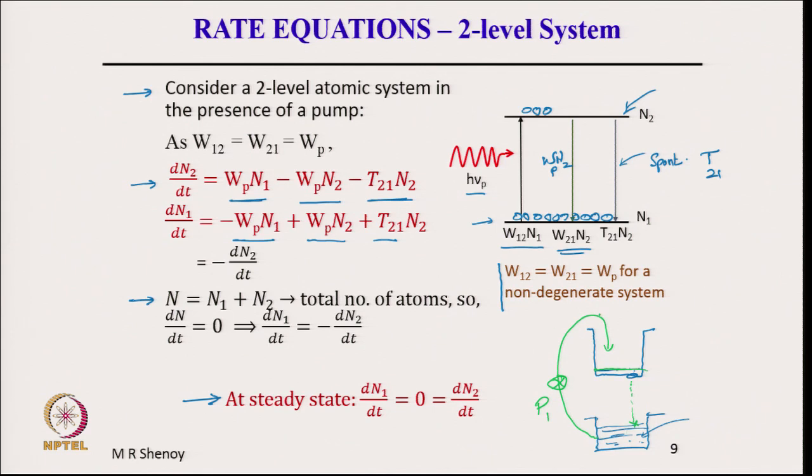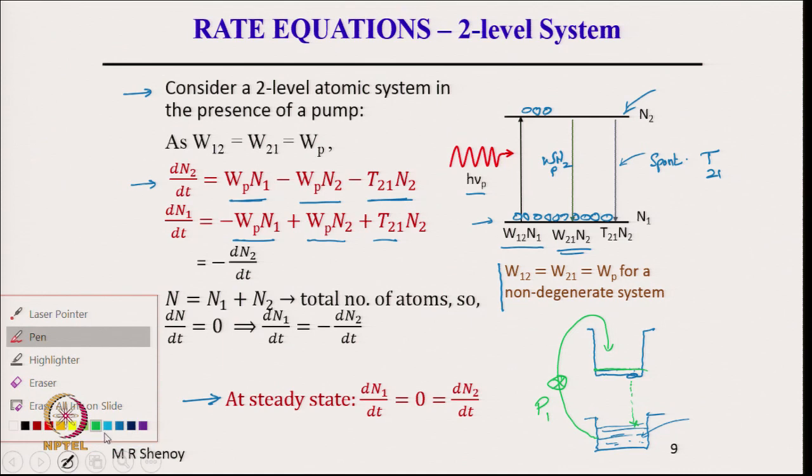Water is being pumped, water also comes down, and a level is reached at which the amount of water being pumped is equal to the amount of water which goes down. For example, if this hole is bigger, then water will come down much faster, and the steady state level will be different. Now, if I use another pump, let me change the color again.